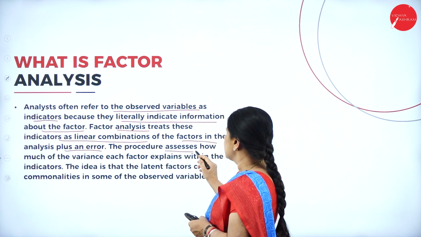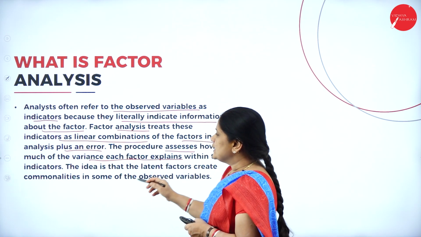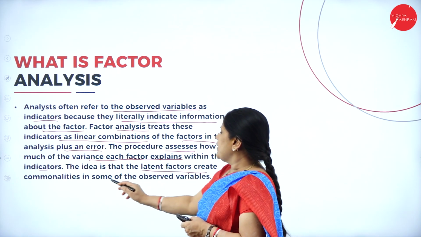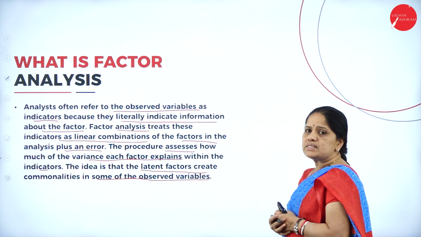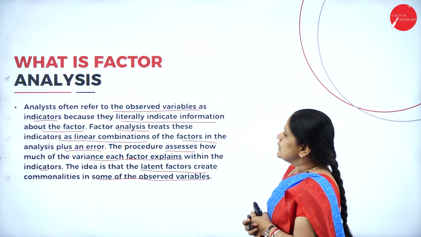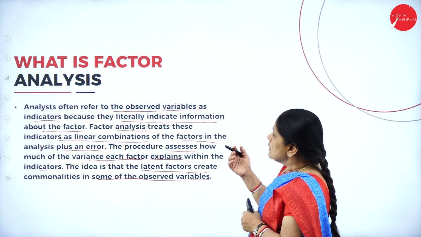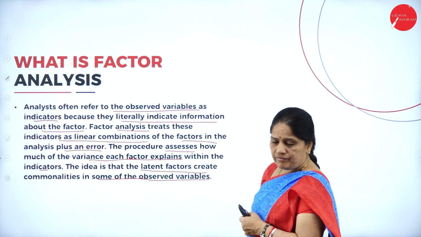The procedure assesses how much of the variance each factor explains within the indicators. The idea is that the latent factors create commonalities in some of the observed variables. So, with the help of factor analysis, it will indicate the information about the factor.